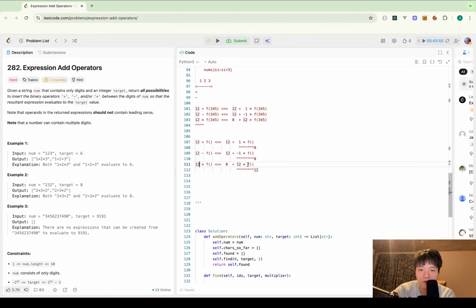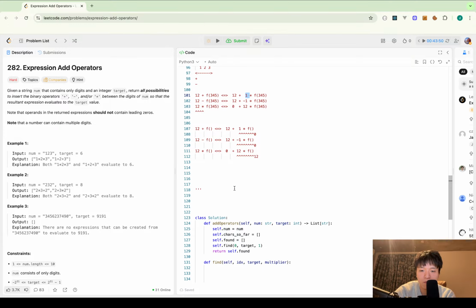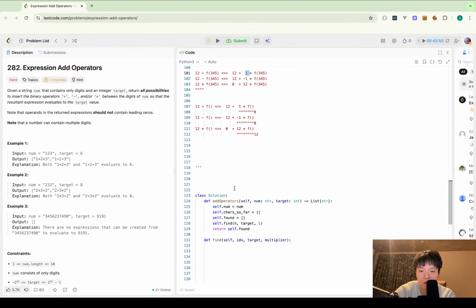I mean, because I have to take this as 1, because 12 is still there. I actually have to distinguish this 12 and 1 here. So what should I do?